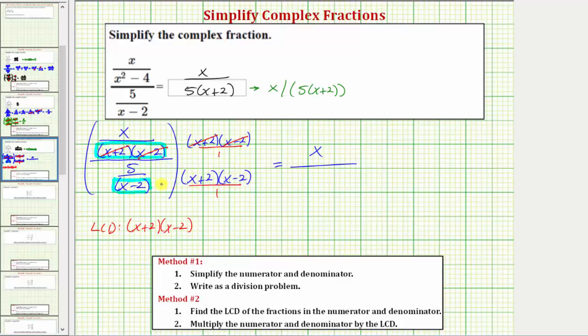Notice how we have a common factor of x minus 2 between the numerator and denominator, which would simplify to 1. So now multiplying on the bottom, we have 5 times the quantity x plus 2, which we already know from method 1 is a simplified form of the complex fraction. Or if we wanted to multiply the denominator, we'd have x over 5x plus 10. I hope you found this helpful.